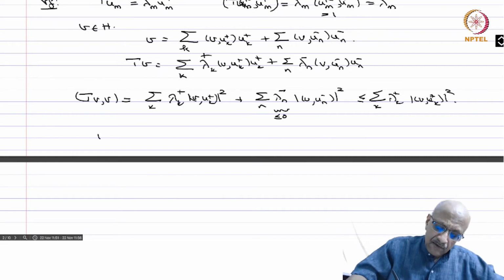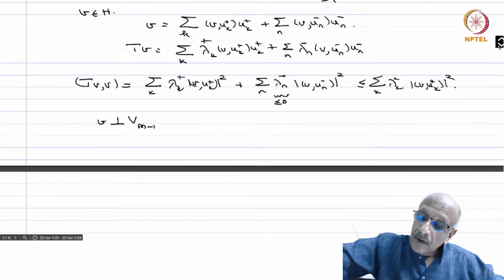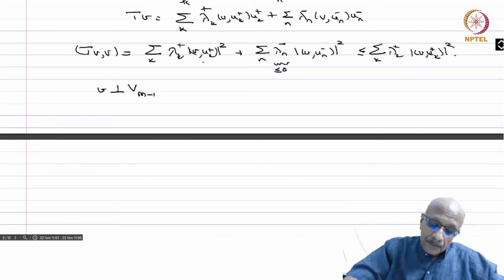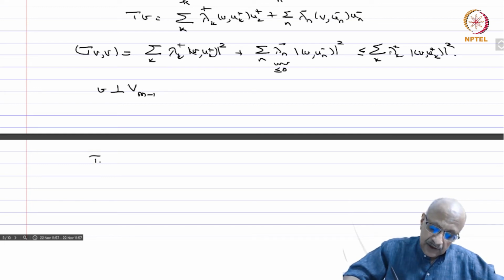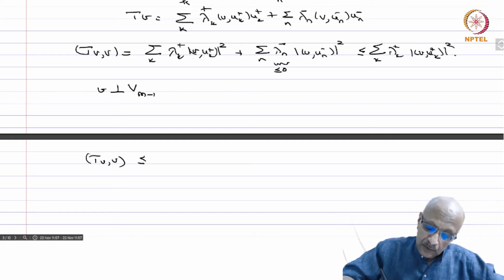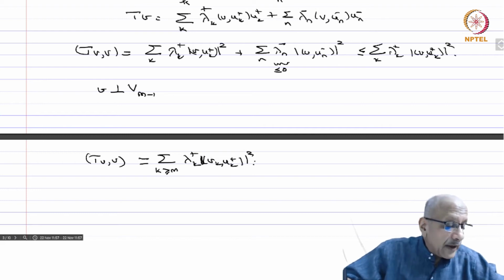Now we have v orthogonal to V_{m-1}. That means all the basis elements up to m minus 1 will disappear, and therefore you have <Tv, v> equal to sigma over k greater than or equal to m of lambda_k^+ |<v, u_k^+>|^2.